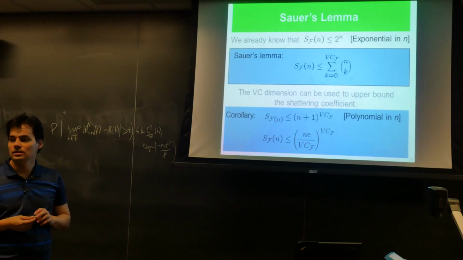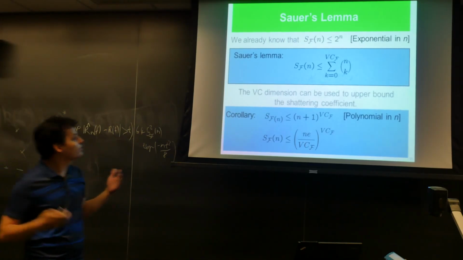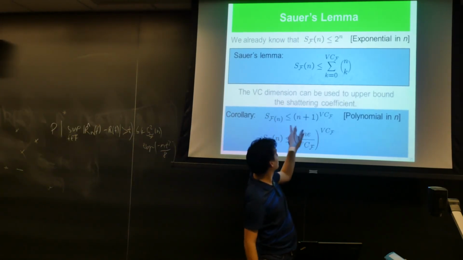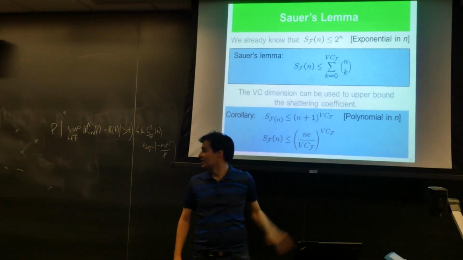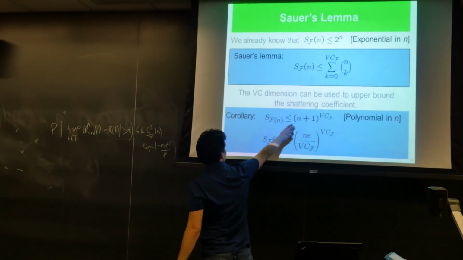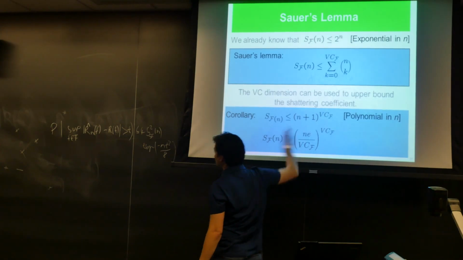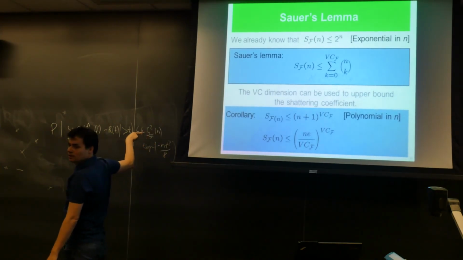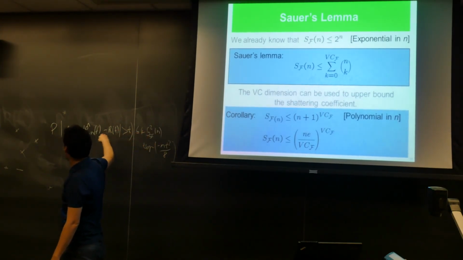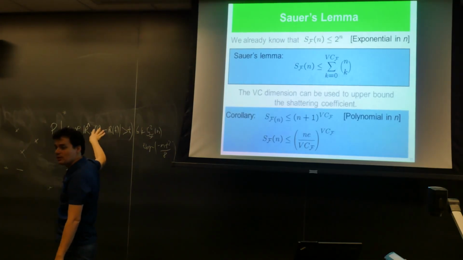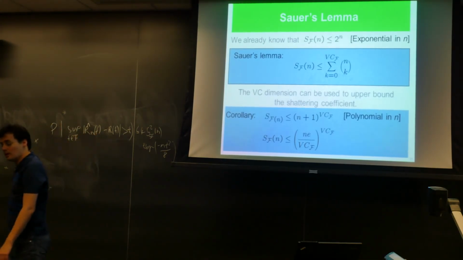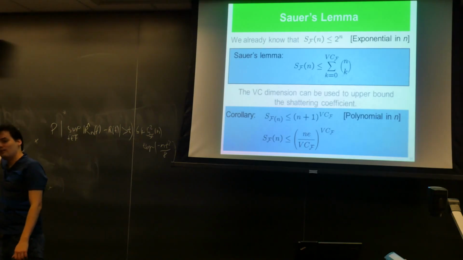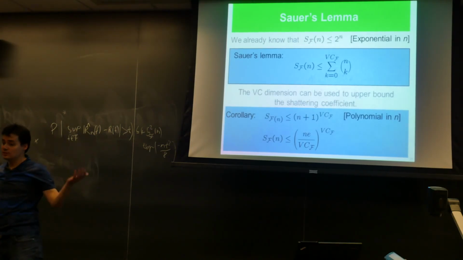Any question about this? Can you appreciate the beauty of this? That now I could just put this (n+1) to the VC dimension here, and then I would have an inequality that bounds this expression. And we already know that this expression bounds the estimation error. So we do have a bound on the estimation error in terms of VC dimension.